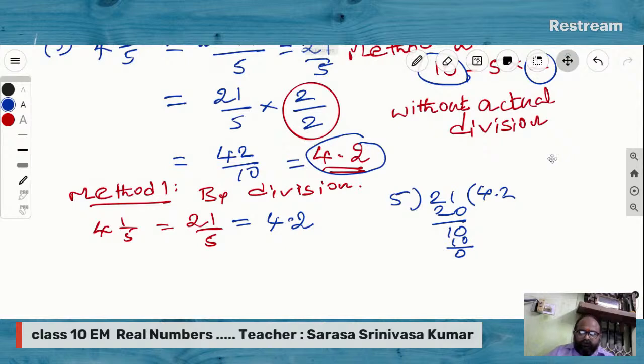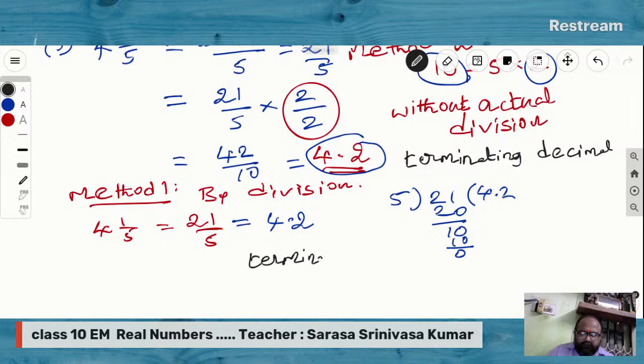And 4.2, it is also a terminating decimal. Here also we must write terminating decimal.